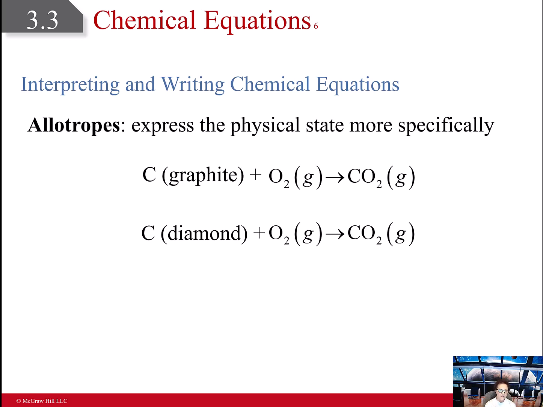So allotropes basically are the same element in different physical forms. For example, carbon has many forms. It can be graphite, which is in what we call lead pencils, which isn't really lead, it's carbon in the form of graphite. Or a diamond is also just carbon put together in a very strict, rigid arrangement.